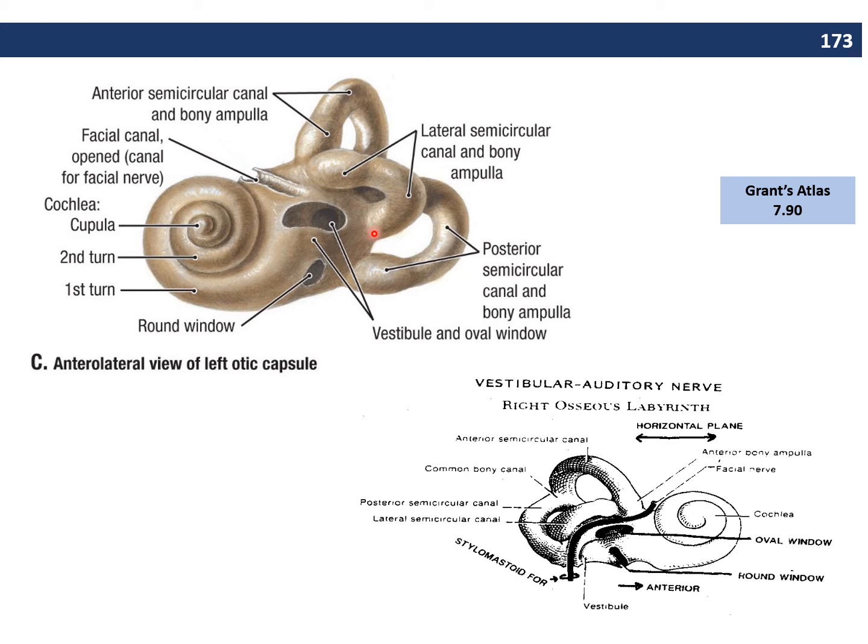So these organs of balance are located in these parts on the right. There's also a little bulge here of that facial canal where the facial nerve lies.